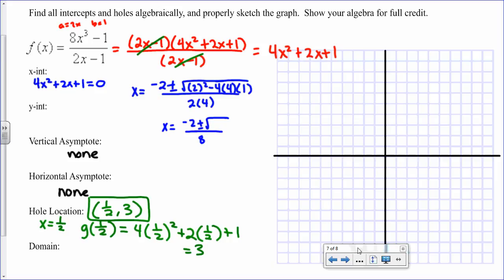The biggest thing that I want to take from that is that it's negative. So it's negative 12. But because it's negative under the radical, what does that mean? Yeah, there's i. It's imaginary. So is that an x-intercept? No. So there are none.